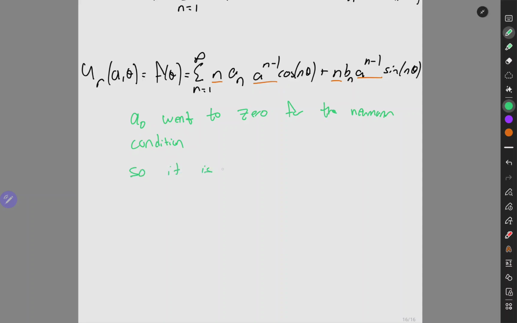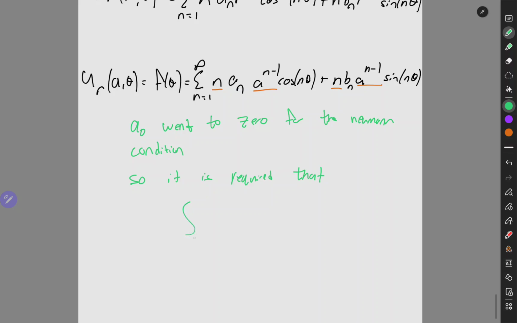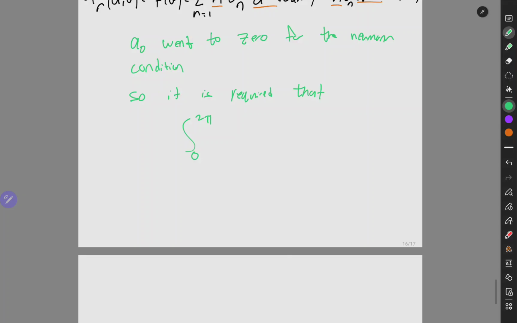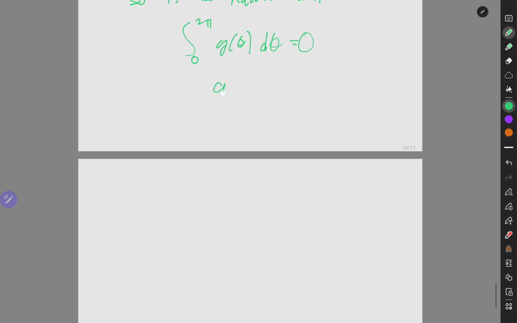So it is required that, remember, a sub naught, that term is always going to be the integral from 0 to 2 pi. This is for the circle. The integral of g of theta d theta equal to 0 is necessary. That's what taking the derivative of that tells us. So by that, we know a naught is 0.